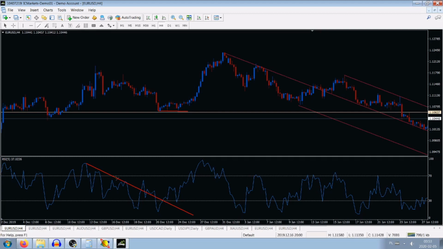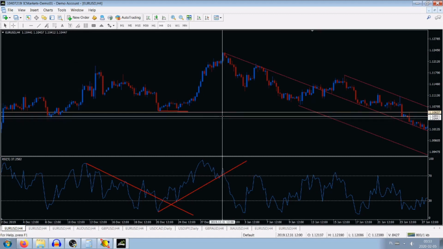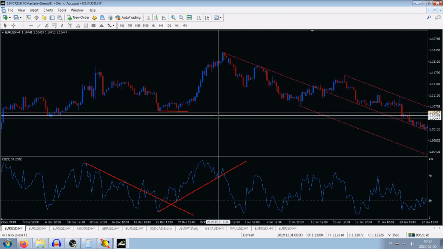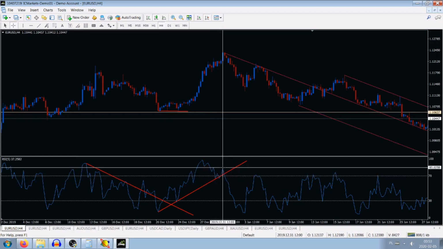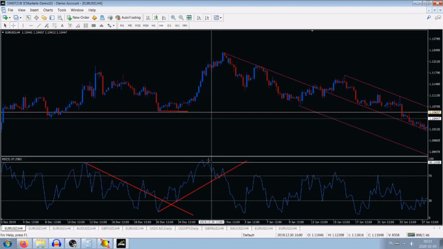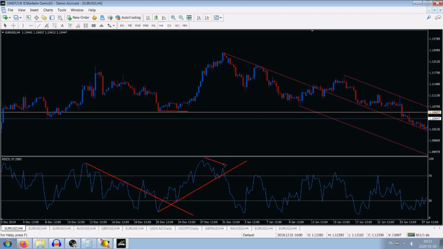and we could have drawn another trend line. Let's call it a trend line, okay? So as we see, the price has risen up to here, where the price made one more top, but divergence appeared, as I've shown you before. So this is a sign to get out.